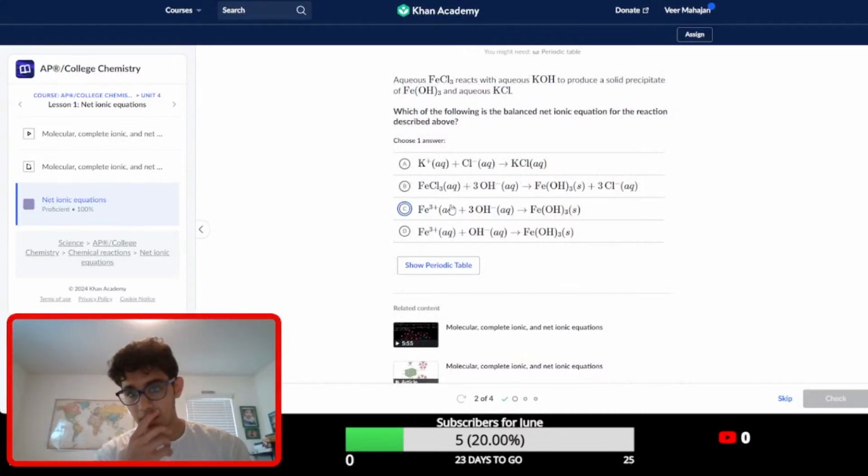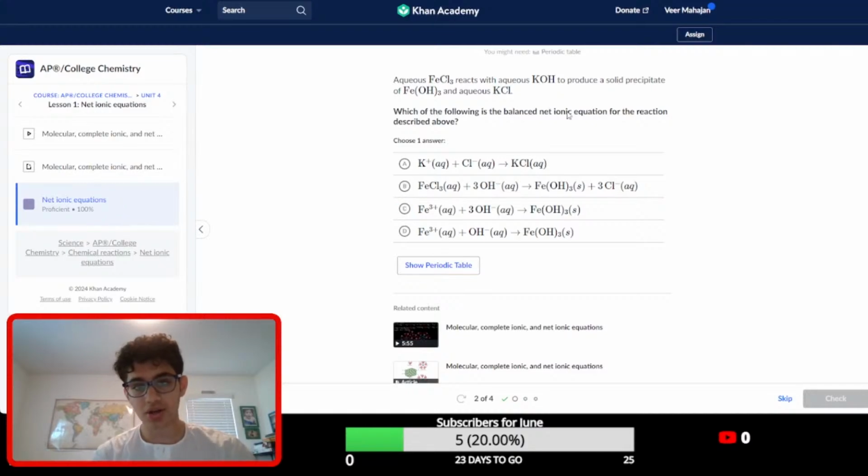So it'll be Fe3+ aqueous, and then there'll also be 3 Cl minus, aqueous chloride.